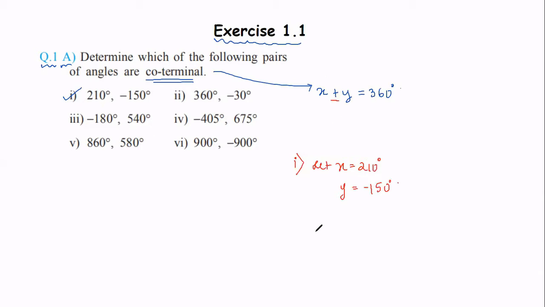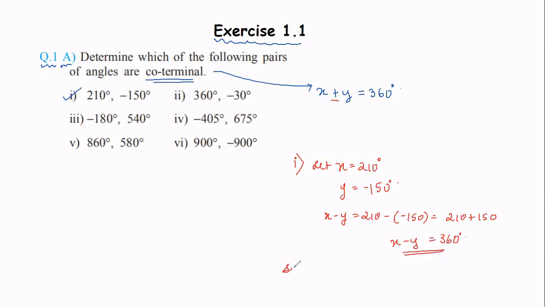Now let's see the difference. x minus y is equal to 210 minus of minus 150. How much do you get? You get 210 plus 150, that is 360 degrees. So x minus y is giving you 360 degrees.